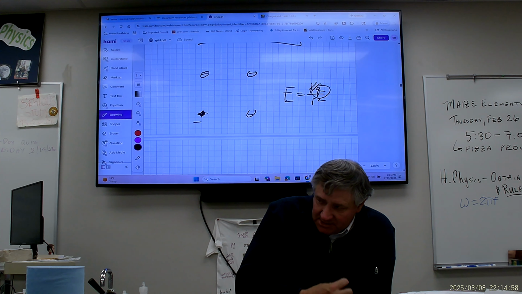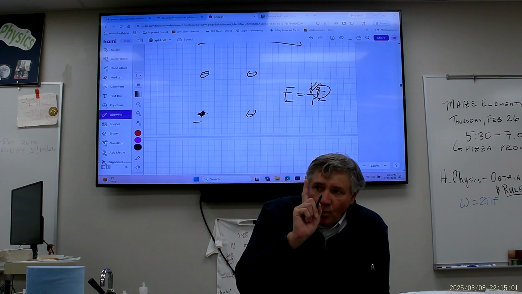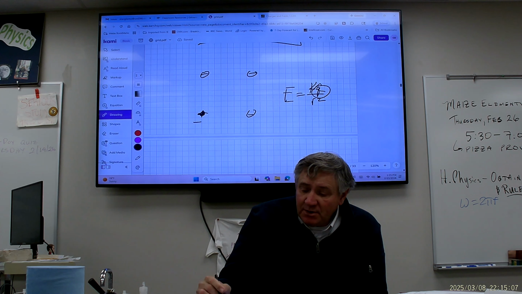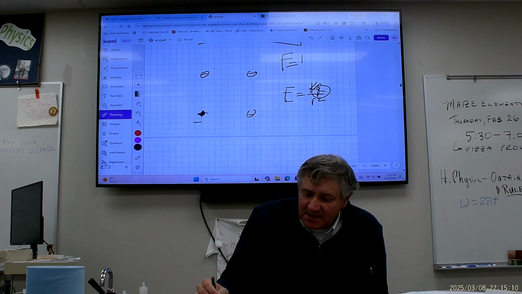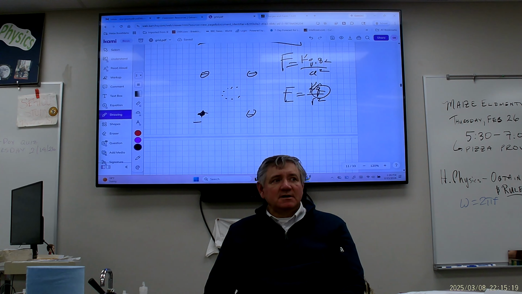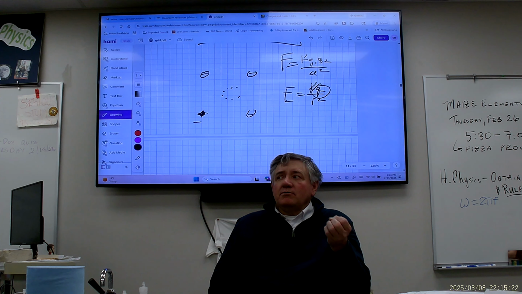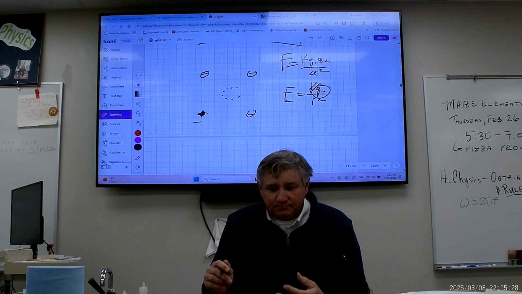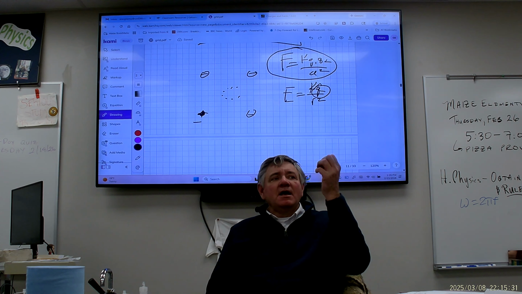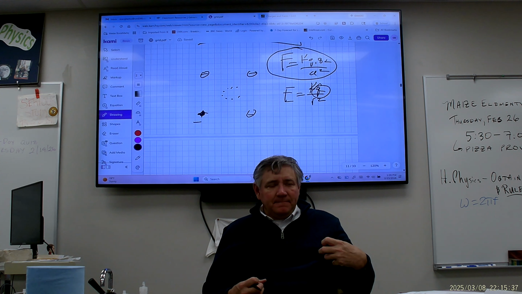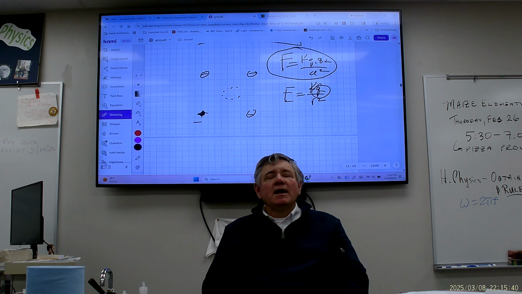If you were to calculate forces, you'd need k Q1 Q2 over distance squared. I can't calculate the force in the middle because I don't know the value of the test charge there.